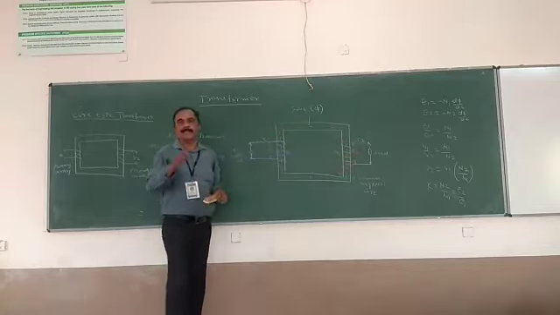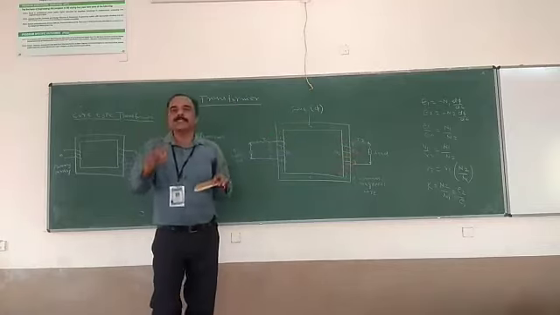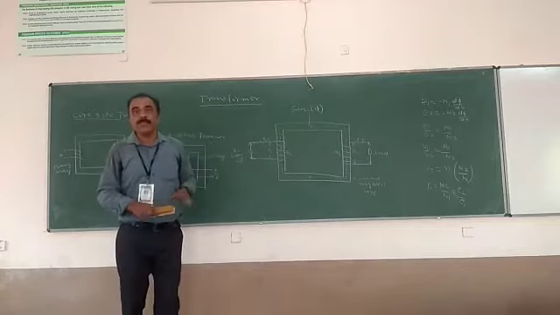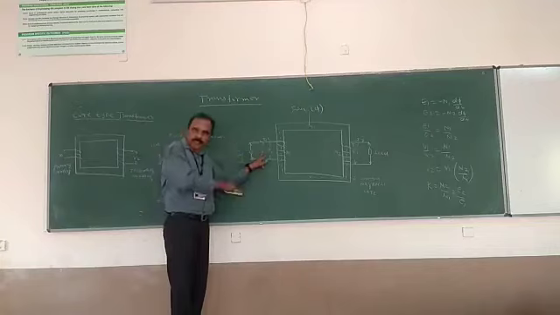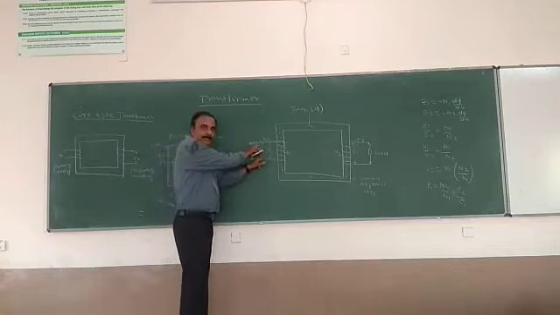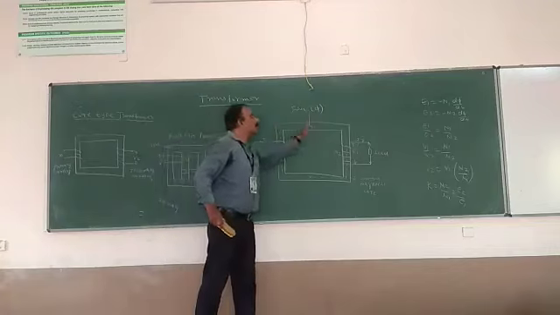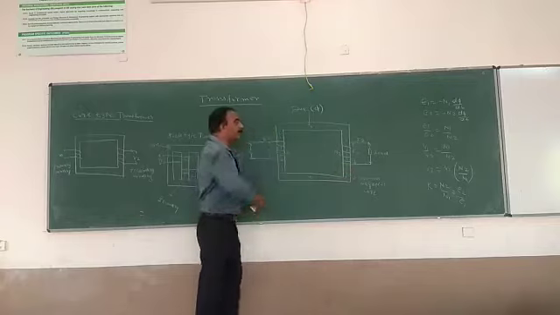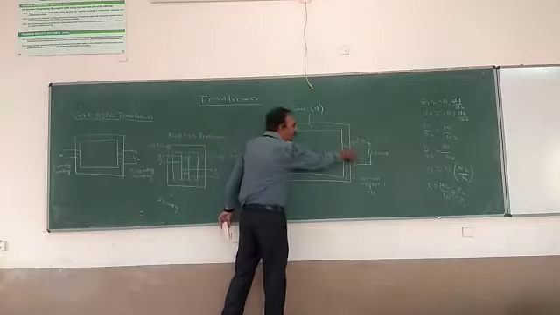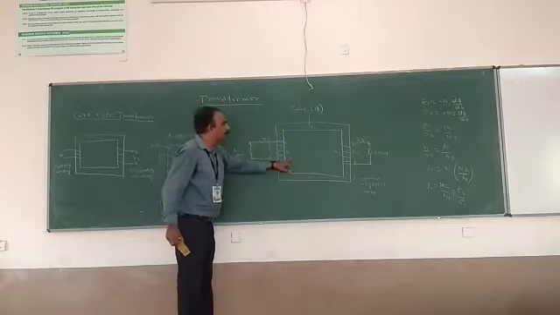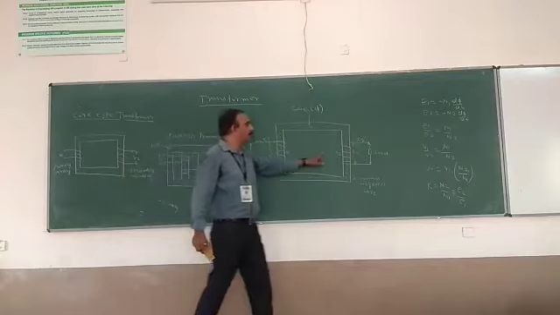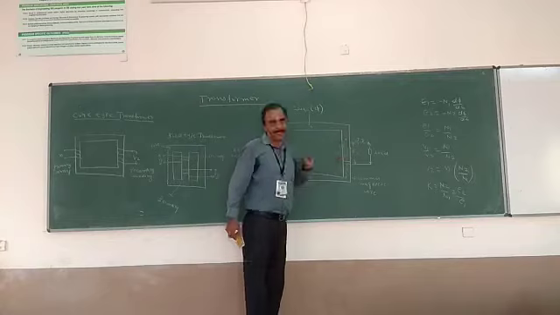Basically, the transformer works on the principle of electromagnetic induction, mutual induction between two coils. The flux produced by I1 on the primary side will link with the secondary side of the window. Because of the linking flux, there will be an induced EMF E2. Here N1 is the number of turns in the primary, N2 is the number of turns in the secondary.